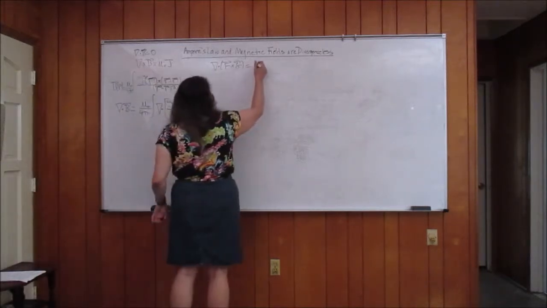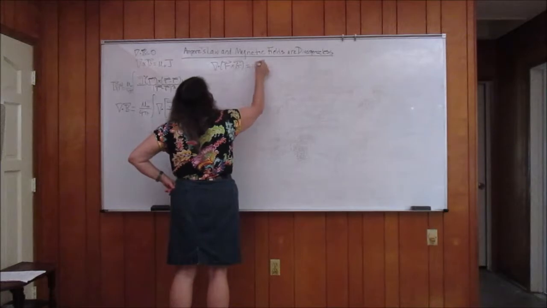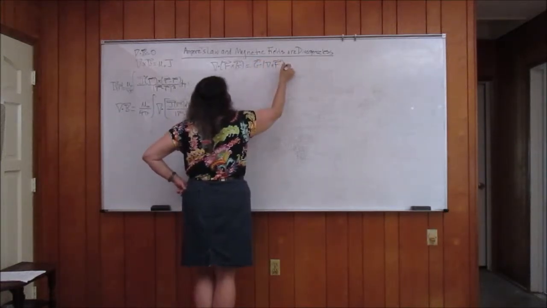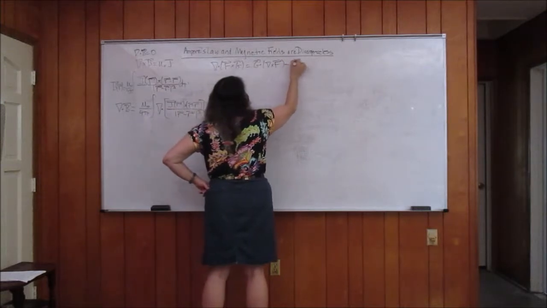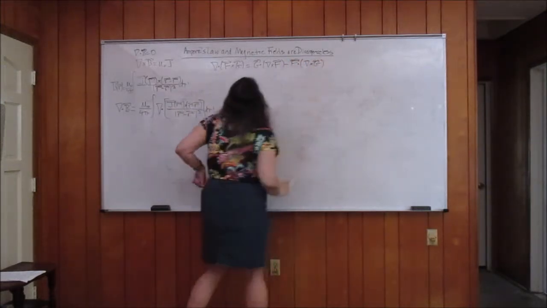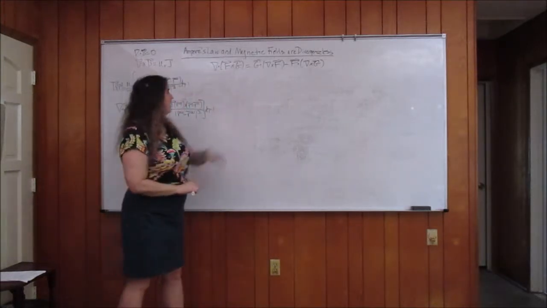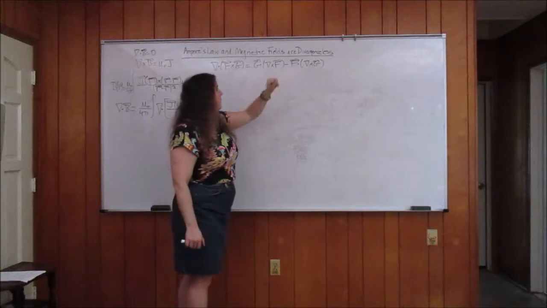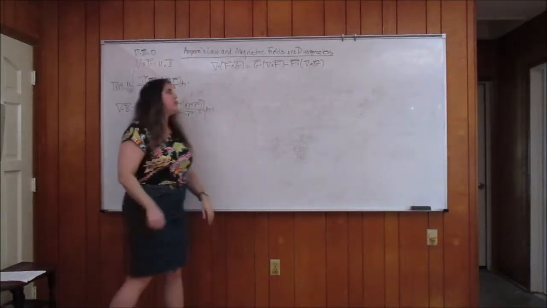And so that is equal to the dot product of the vector g and the curl of vector f minus the dot product of vector f and the curl of vector g.